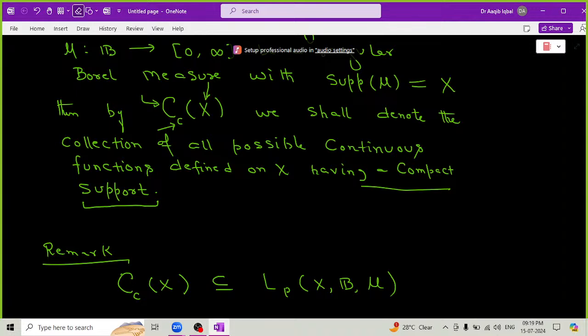Okay, so this is contained in this, and it is true for all the p's in [1, infinity).